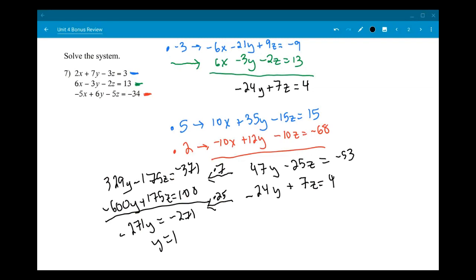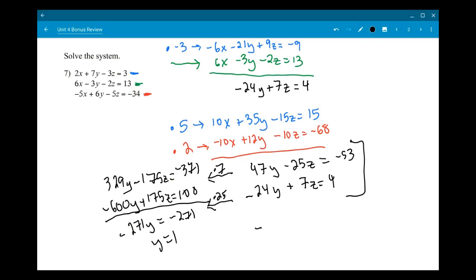Okay, so here's what we're going to do. We're going to work our way backwards. We just came from these two equations, so we're going to use one of those two equations to help us figure out z.